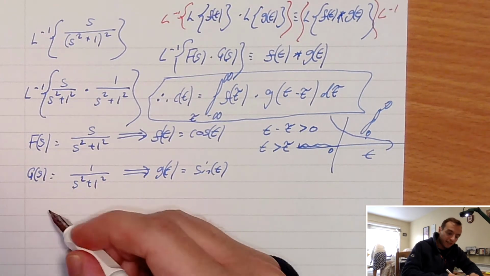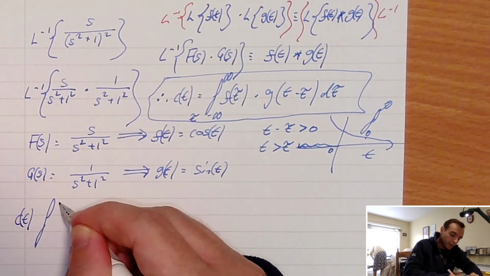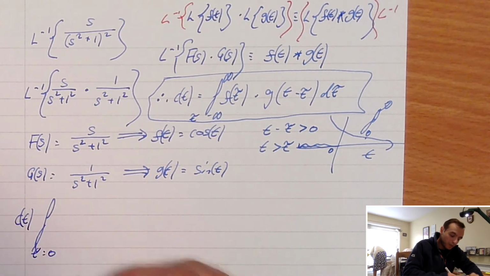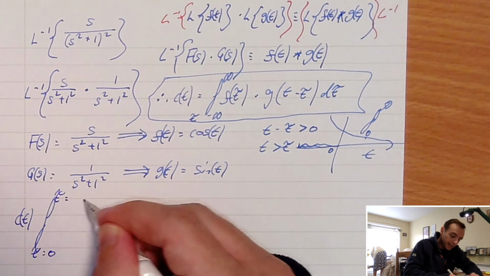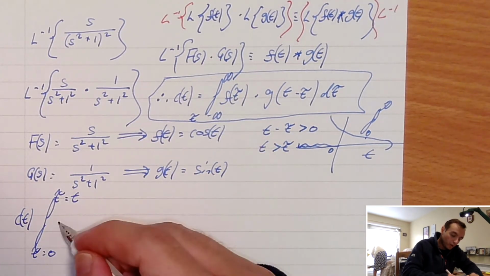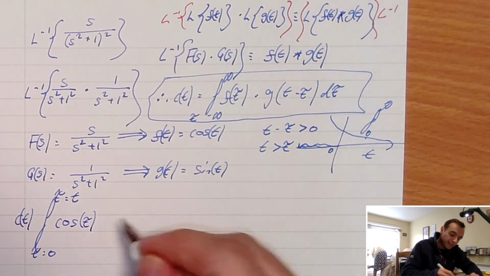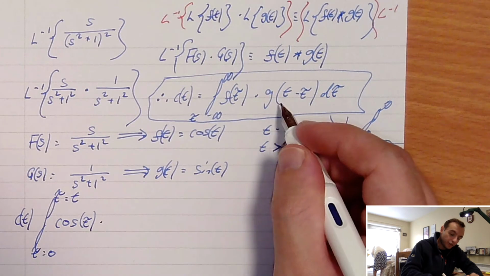So let's rewrite the integral function for the convolution, which will be tau equals 0 to tau equals t of f of tau, which we're going to call cosine tau, dot product with g of minus tau.